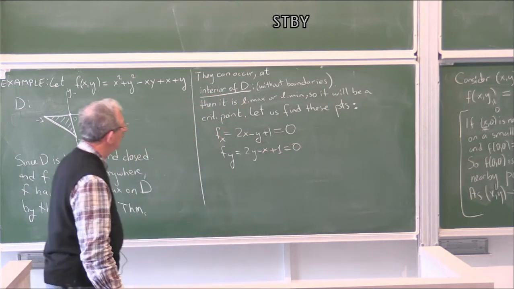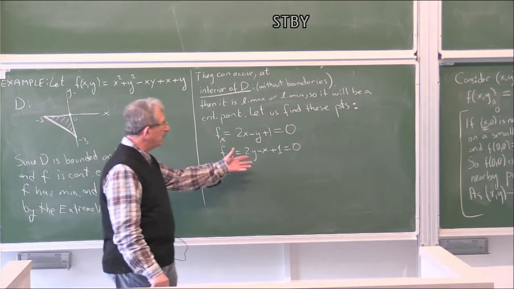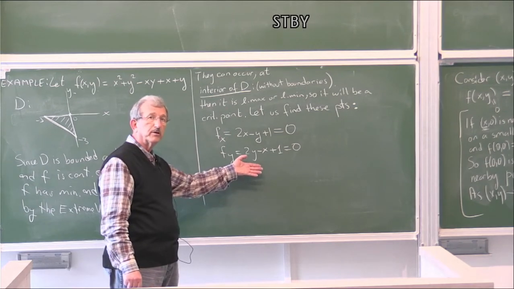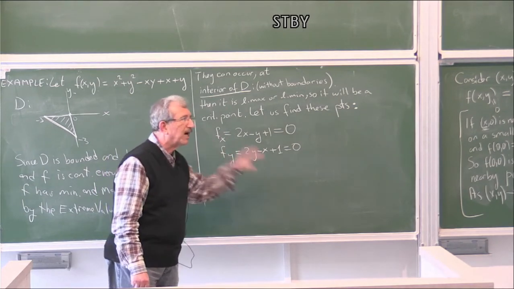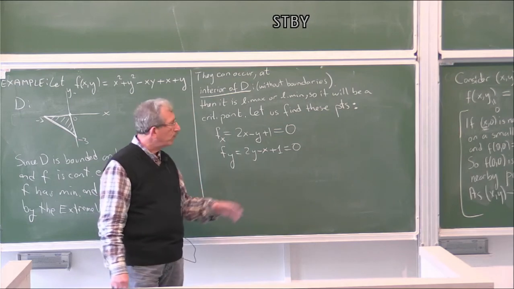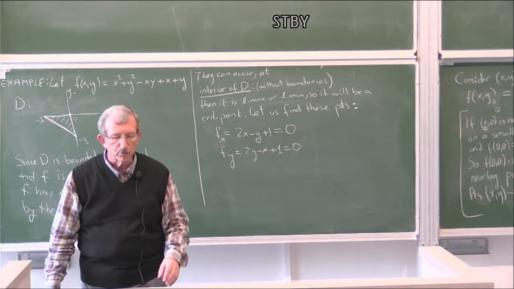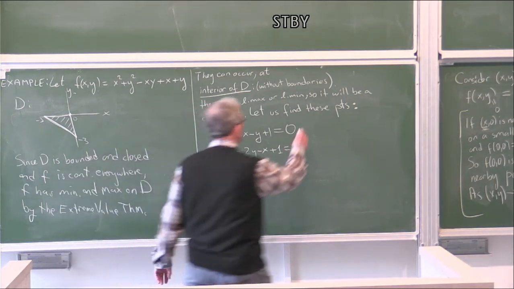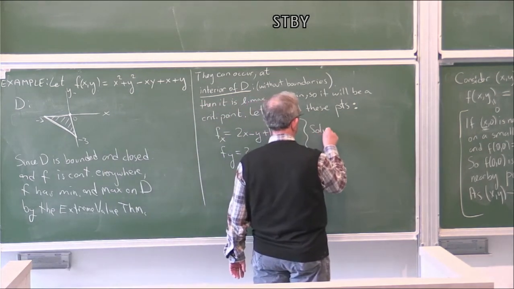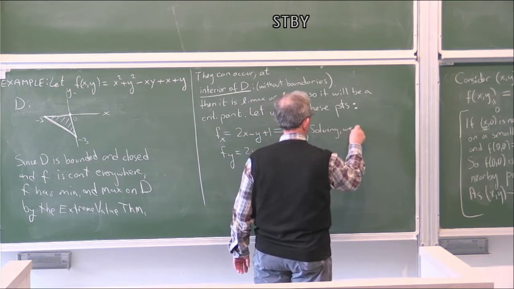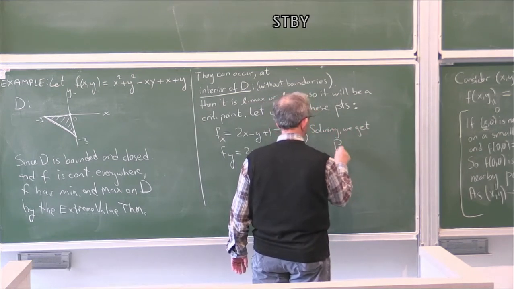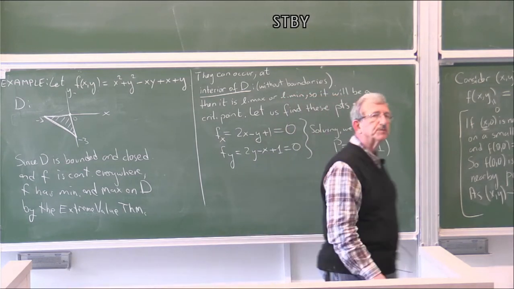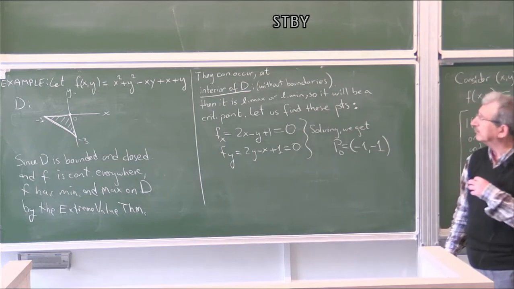Well, because you don't have squares or any complications, you can subtract the two from each other, hence get a form a times b is 0. Or you can use direct substitution. This is quite a simple case. So what you get from here, solving, we get P0 equals (minus 1, minus 1). So at this point, this function has a critical point.